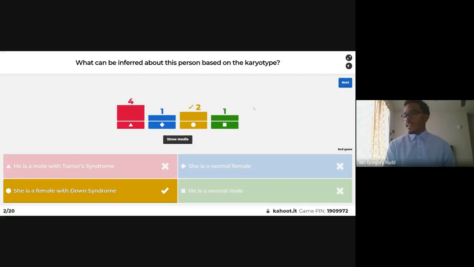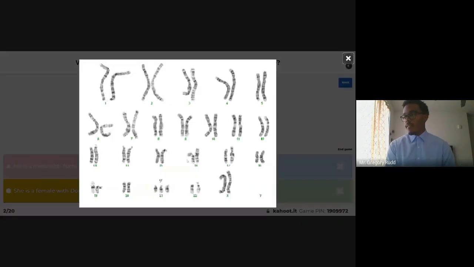Okay, so let's take another look at this. I see a lot of you chose male with Turner syndrome, but we have to be careful. Again, two X chromosomes means that the person is female, so we can't be a male.